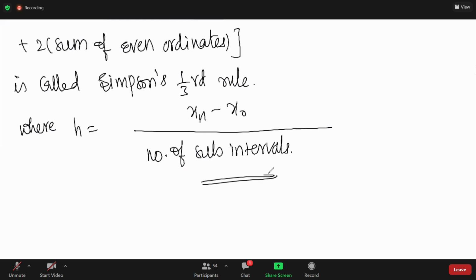And this number of subintervals must be even for Simpson's one-third rule. Even number, that means 2 subintervals, 4 subintervals, 6 subintervals, like that. So number of subintervals must be even.